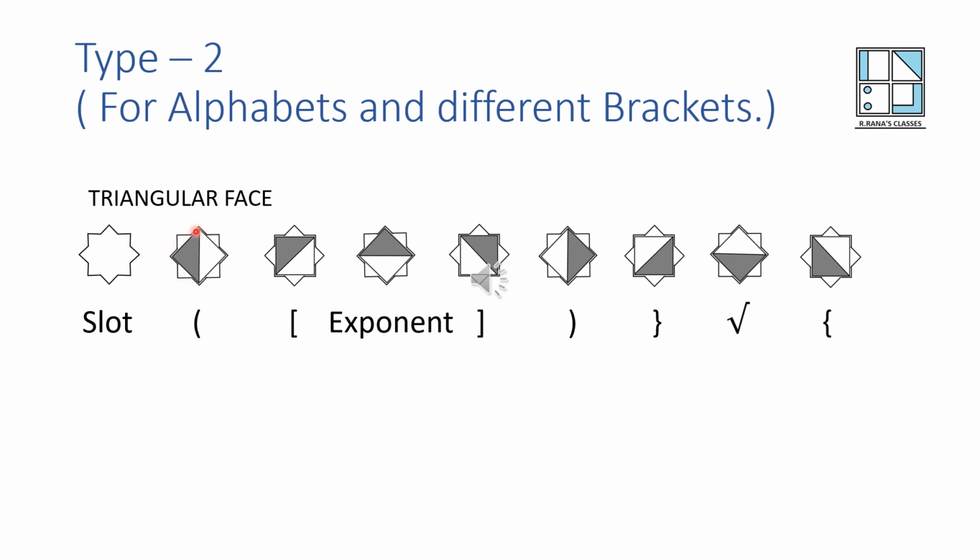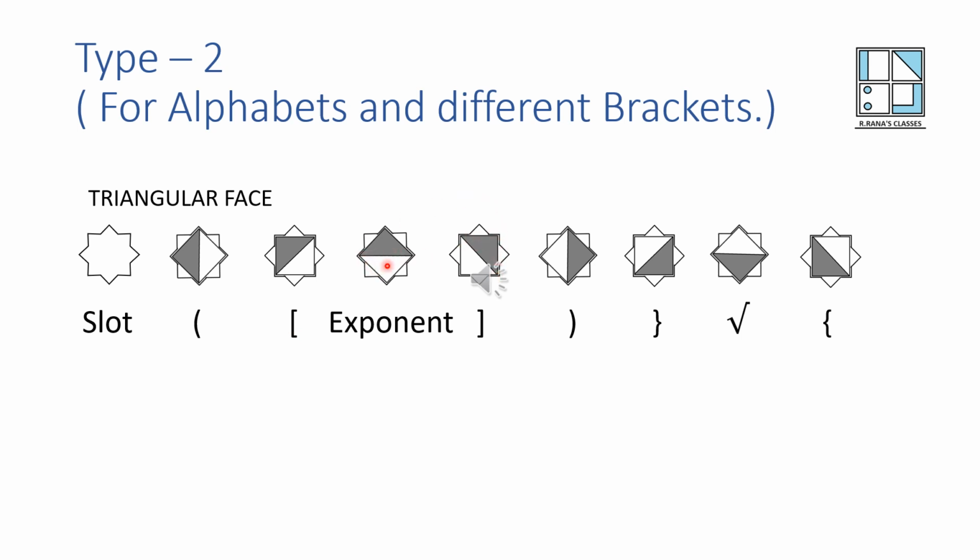This can be easily compared to this. Similarly, the closure of this bracket, it is like this, and both have the same shape. Again, the square bracket, it has a square and this right angle like this, and same way it closes.